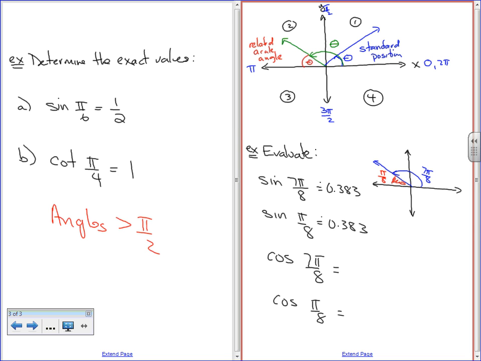First of all, what is the cosine of 7 pi over 8? Negative 0.924. And the cosine of pi over 8? Positive. So the only difference is whether the answer is going to be positive or whether the answer is going to be negative.